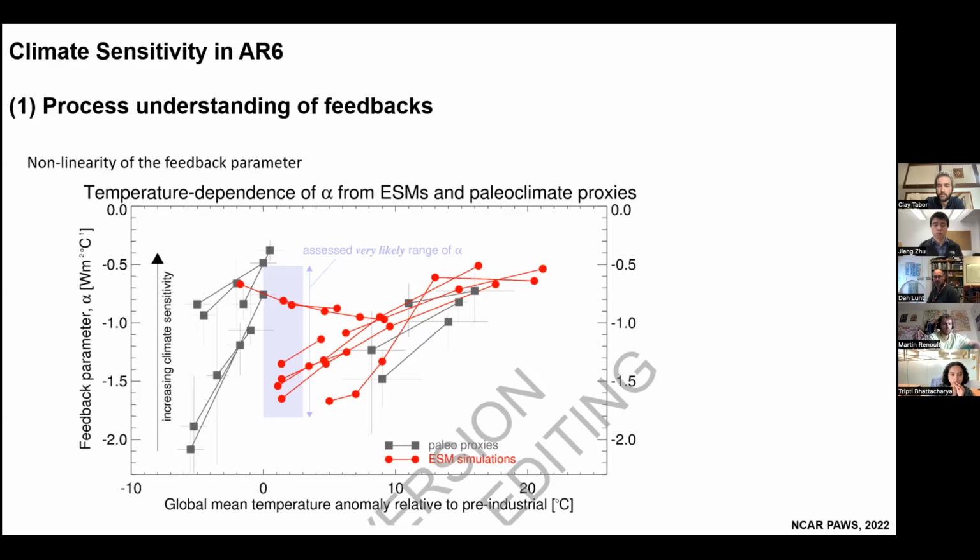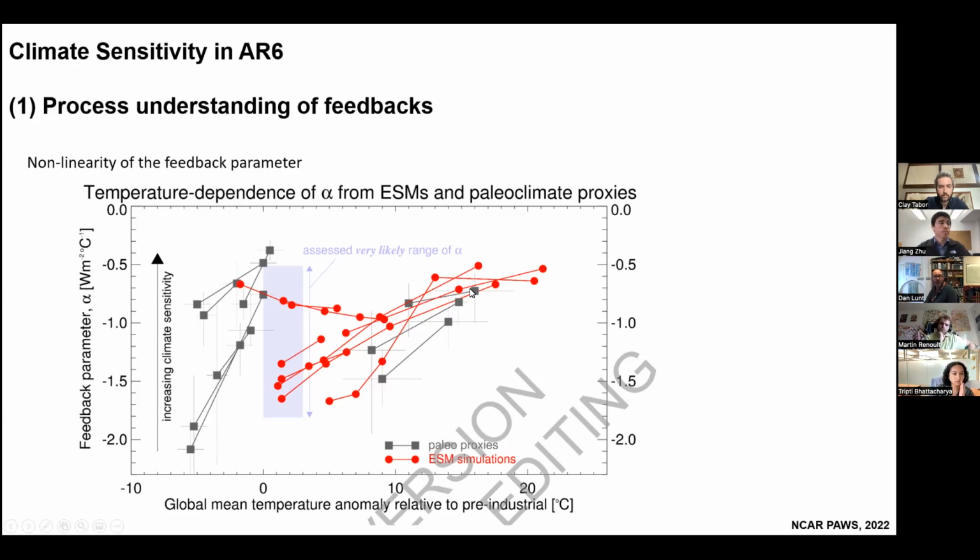We put all these together on this graph, which shows the feedback parameter strength on the y-axis. So you basically get increasing climate sensitivity as you go up, as a function of background temperature. You can see these are Quaternary records looking at climate sensitivity in the LGM compared to the modern, and then some other paleo records looking at, I think, the early Eocene compared to the late Eocene, or something like that.